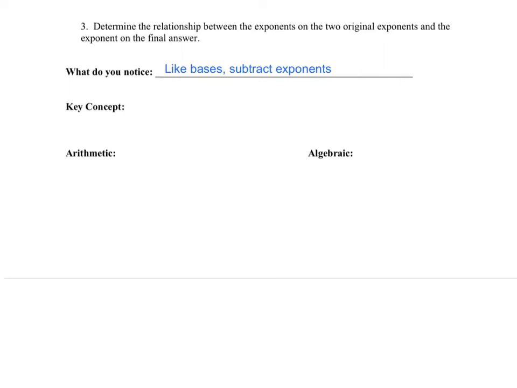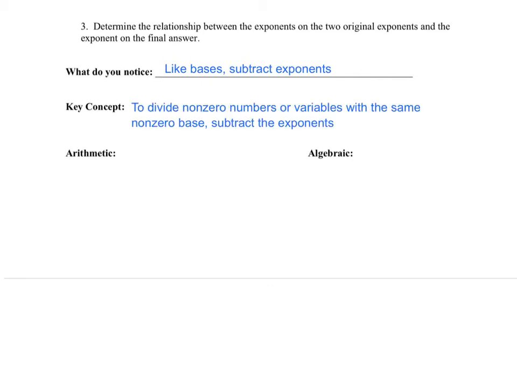Our key concept is to divide non-zero numbers or variables with the same non-zero base, so same bases that can't be 0, we subtract our exponents.